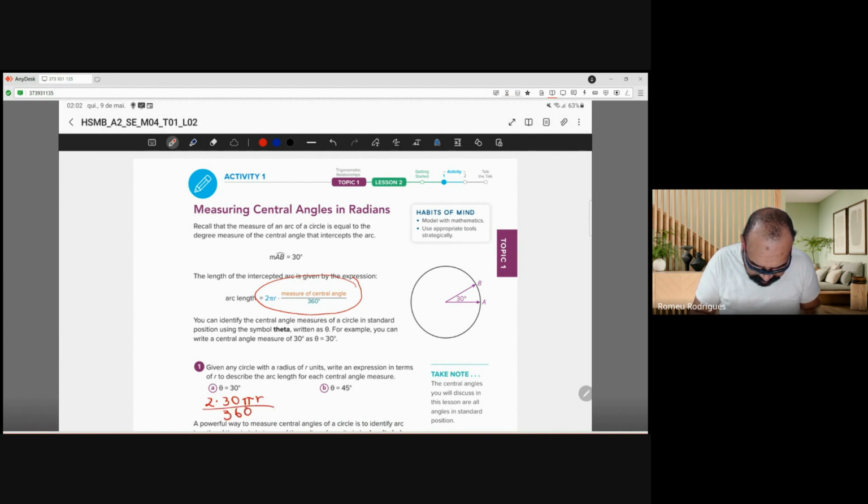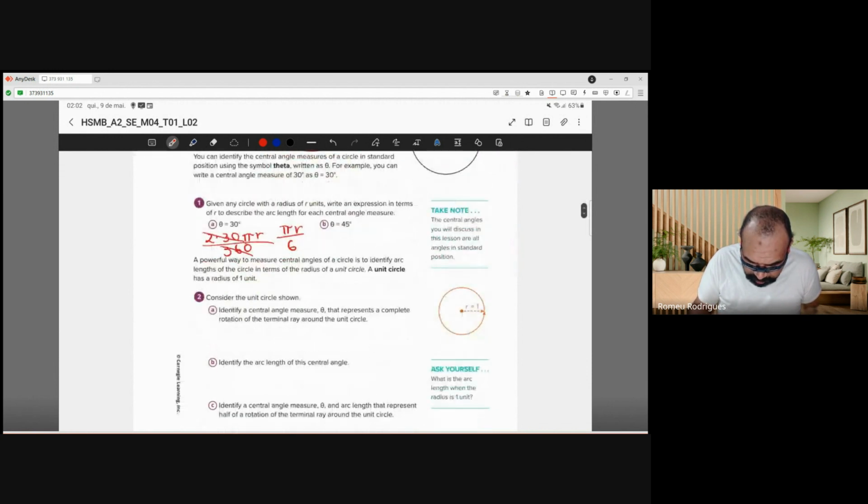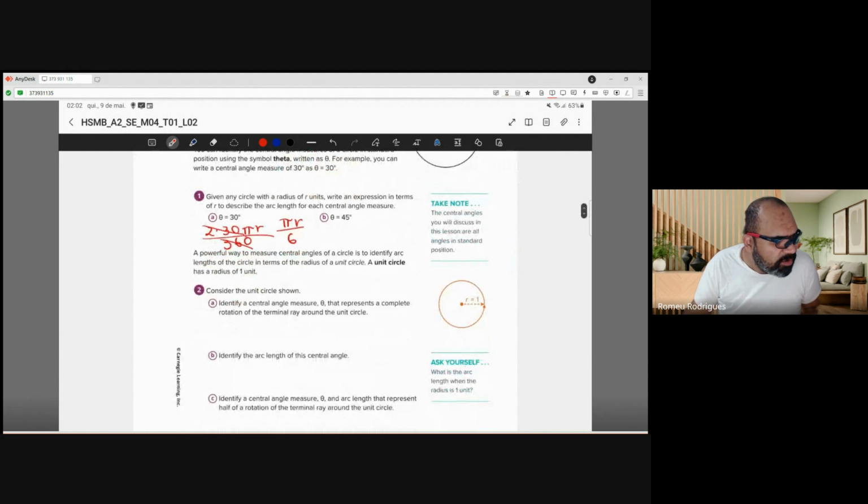If I simplify those, it will be pi times radius divided by 6. That's the radian. And remember here the symbol for angle, theta. That's something we're talking about a lot. We have 45 degrees. I want you to explore with your friend next to you and explore all other situations going over here.